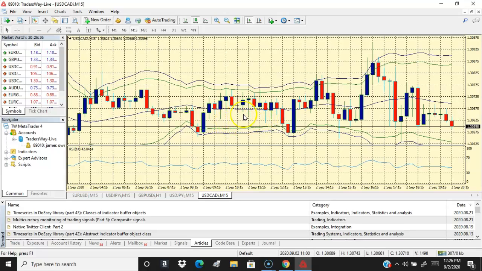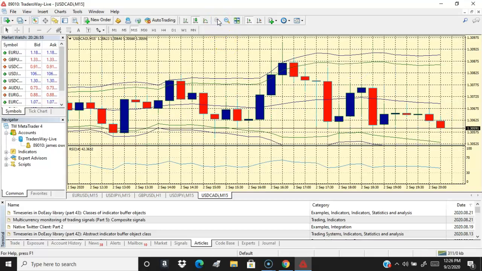Where's that example? Okay. Oh, I lost my spot here. But I was going to show you. Oh, I can do this right here. I can actually use that candle right there.